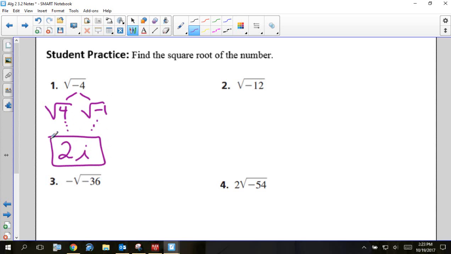I walked around, most people had number 1 done, so I put the answer for number 1 up.